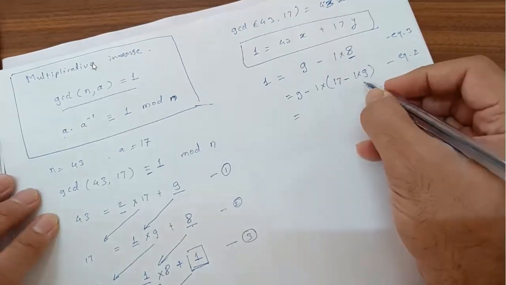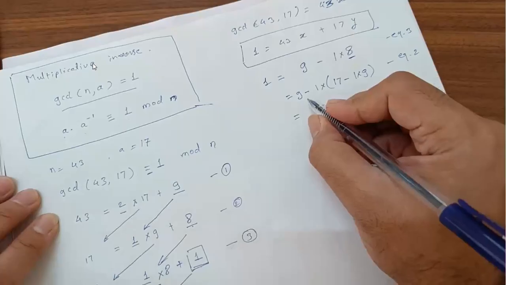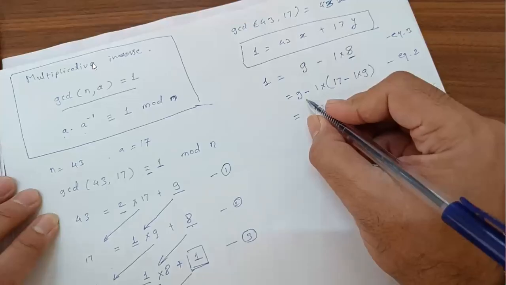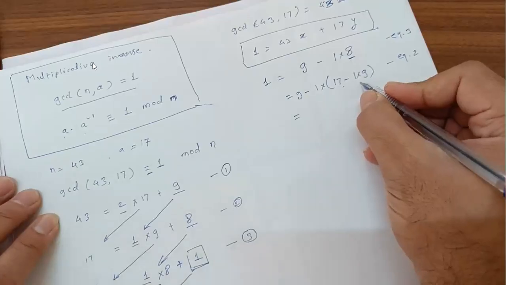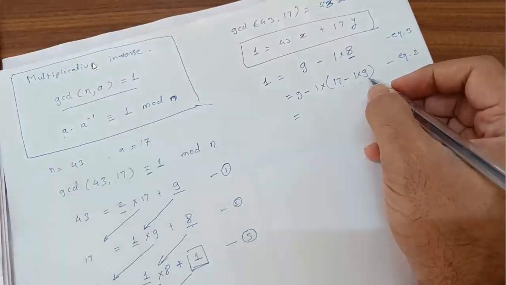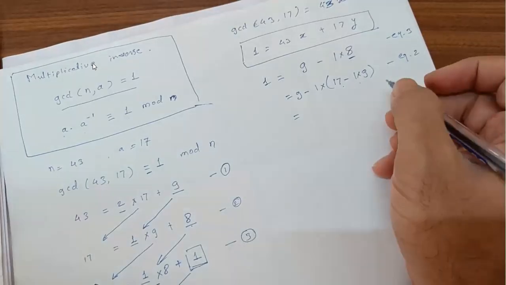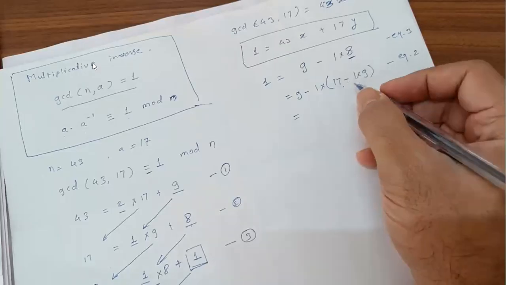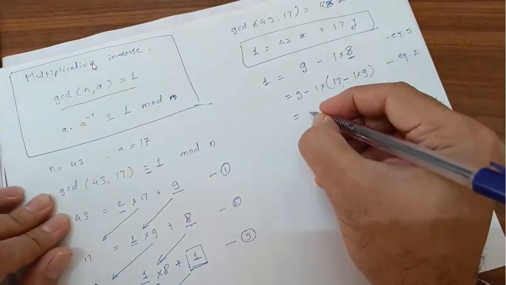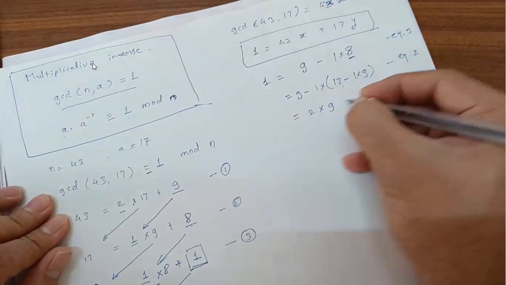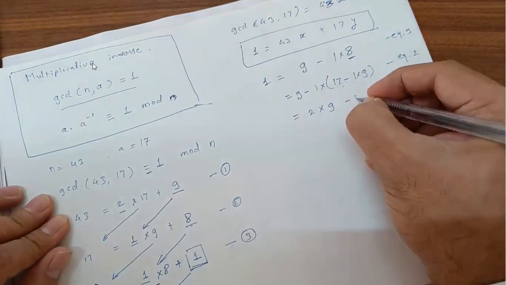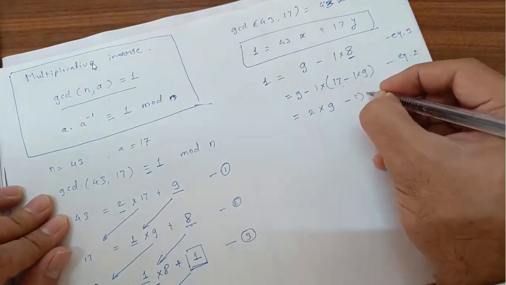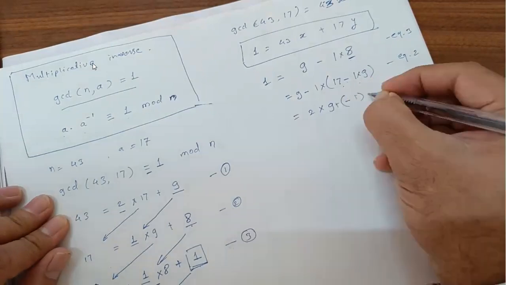So 9 minus 9. No, this minus minus will be plus. So there will be 2 into 9 minus 1 into 17.